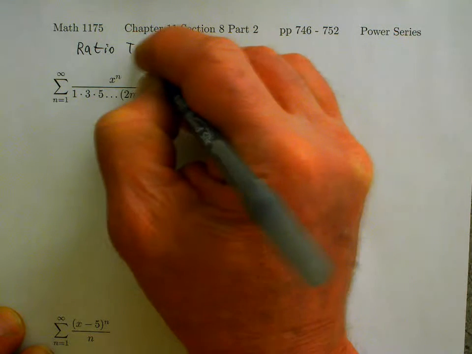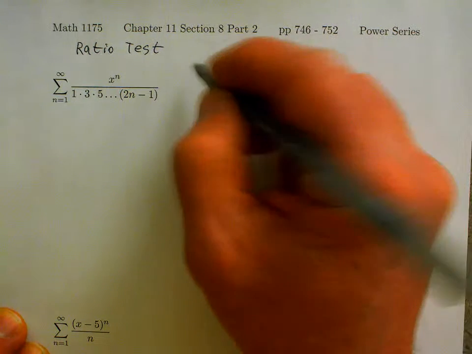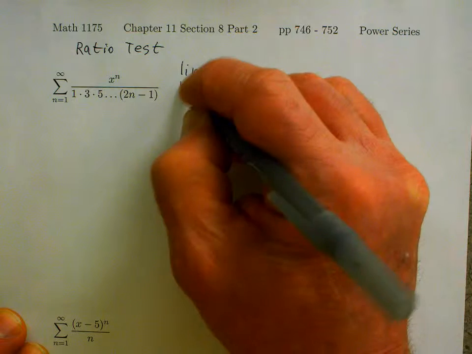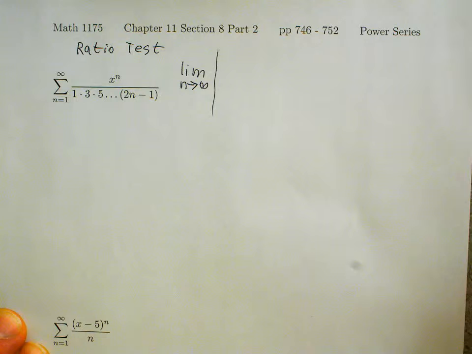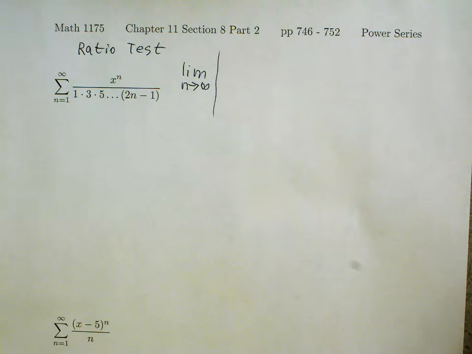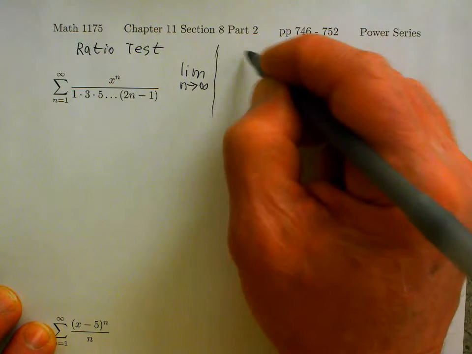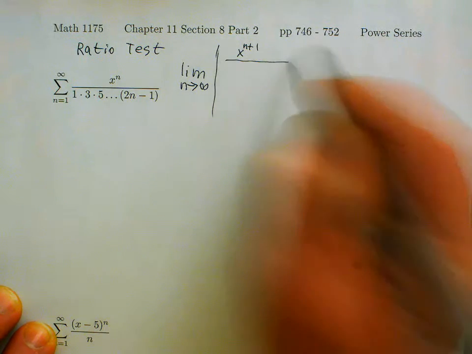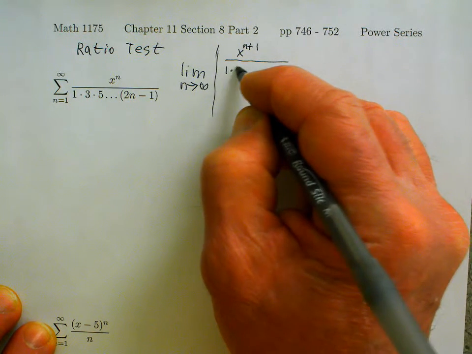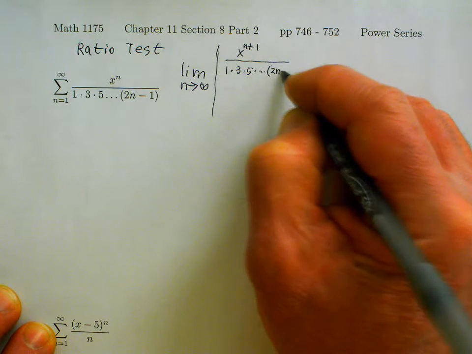So let's use the ratio test again. So the limit of the n plus first term divided by the nth term. So the n plus first term is x to the n plus 1 over 1 times 3 times 5 dot dot dot 2n minus 1.